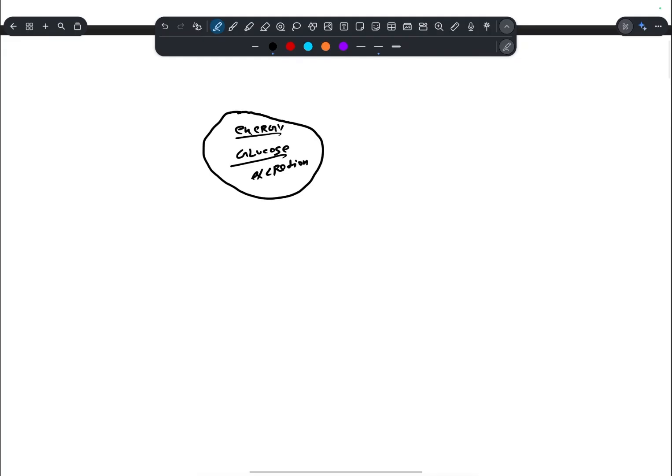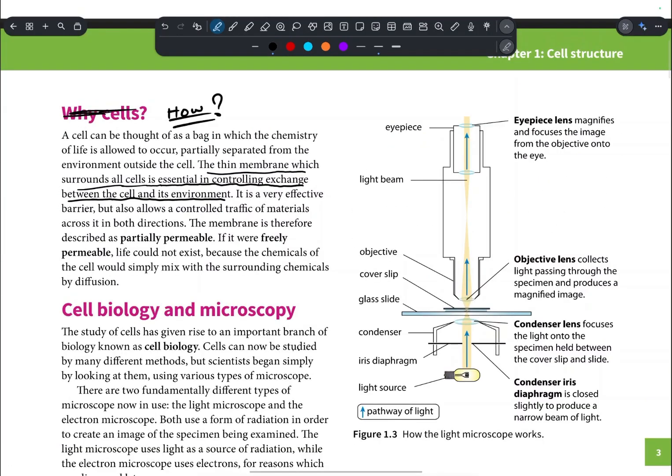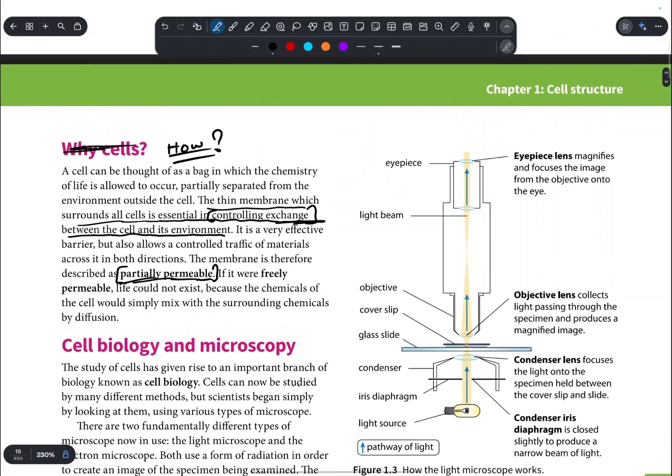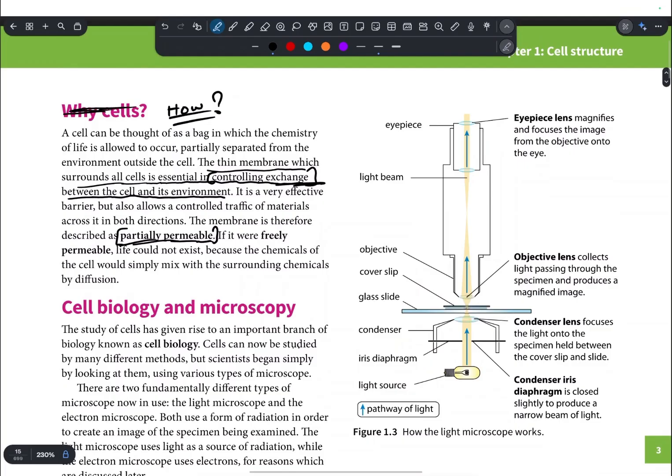The cell is the most basic unit of life, and it has a thin membrane around it which controls the exchange of material between the cell and its environment. This feature leads to a property called the membrane being selectively permeable.